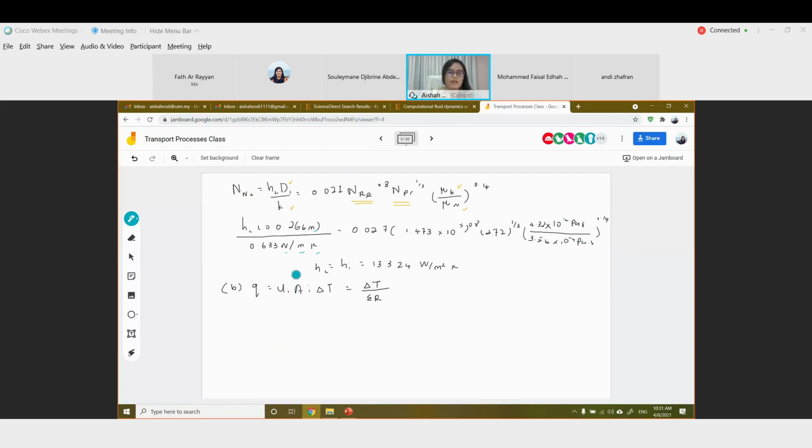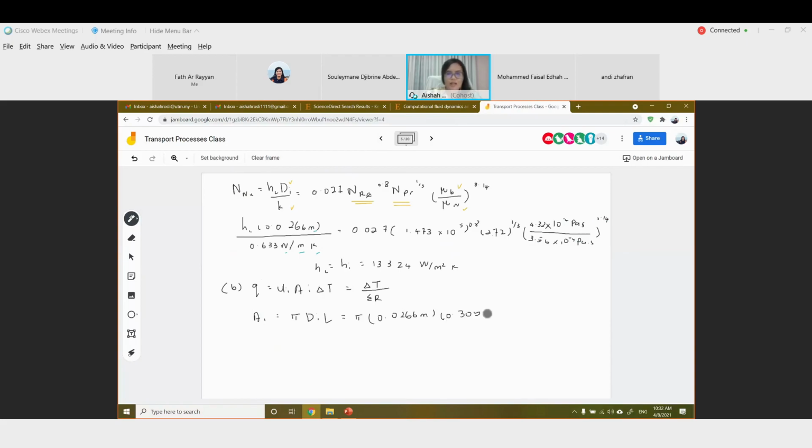Okay, so what we want is here. Let's try and calculate the things one by one. So let's start with the area. The inside area is pi times the inside diameter times length. So this is pi times 0.0266 times the length that is given just now, 0.25.